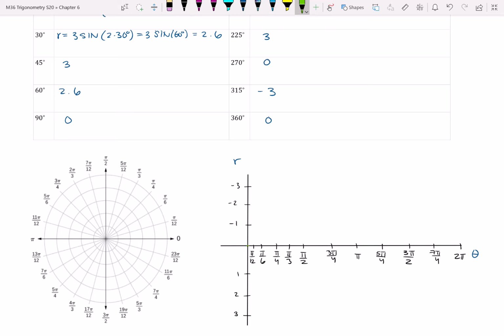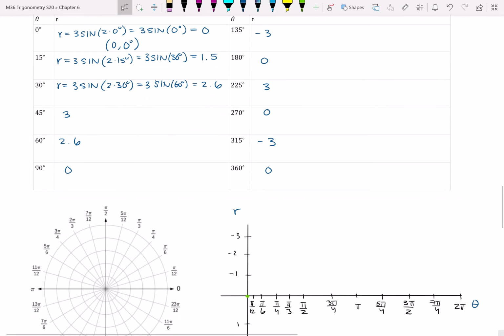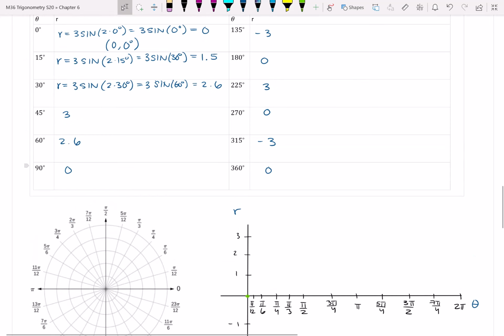The second point, going off this chart here, was 15 degrees, which is pi over 12, and my r was 1.5. Oh, why did I put negatives here? I'm sorry, you guys. These are obviously not negative. Okay, it's late, sorry about that. So pi over 12 and then 1.5. It's going to put us right here.